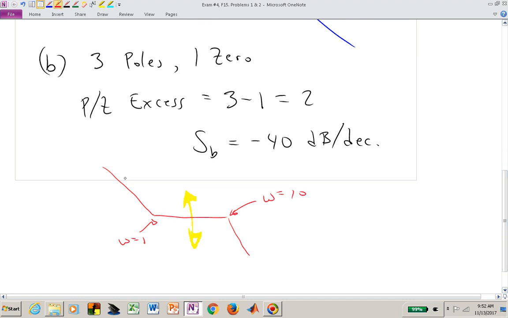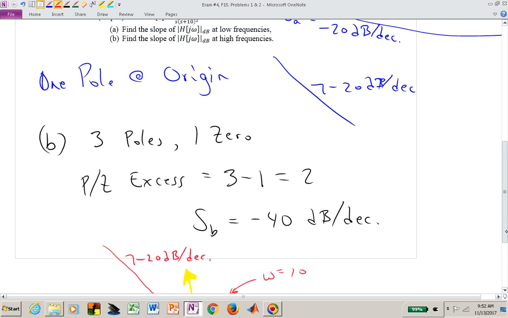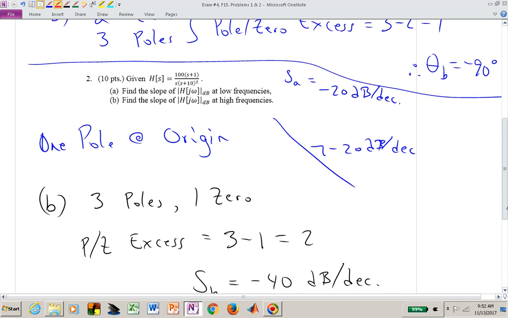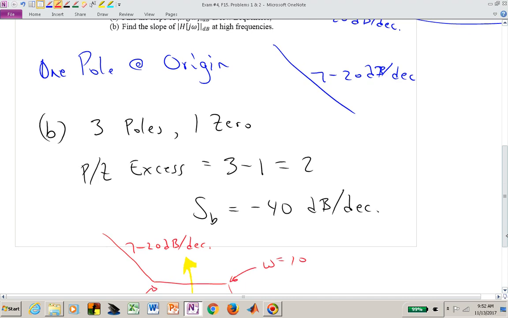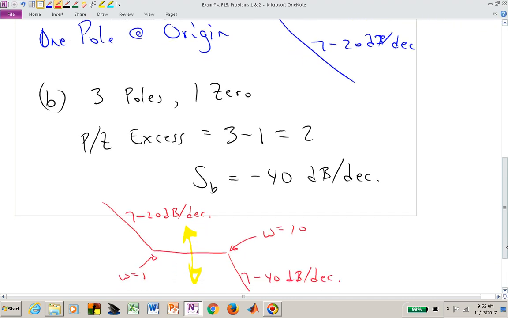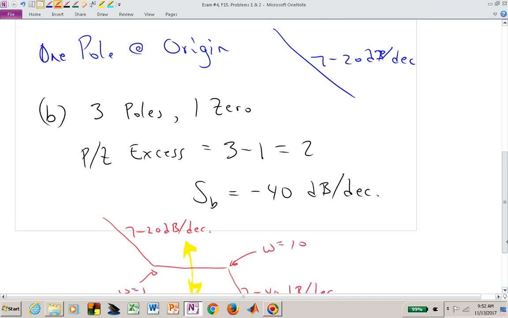And the slope here is minus 20 dB per decade. This one is minus 40 dB per decade because of those 2 poles at omega equal to 10. And that's now a very quick sketch of the magnitude behavior of this transfer function, and it should be consistent with your answers for part A and part B of problem number 2.